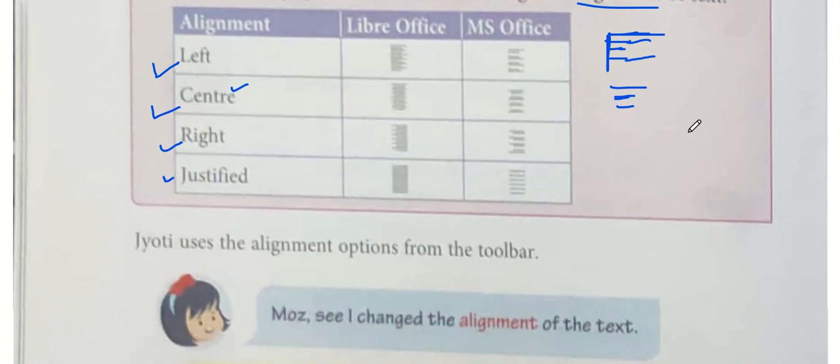Similarly, right means when the text is arranged along the right side. That means the lines end at the same point, but their starting points may be different.